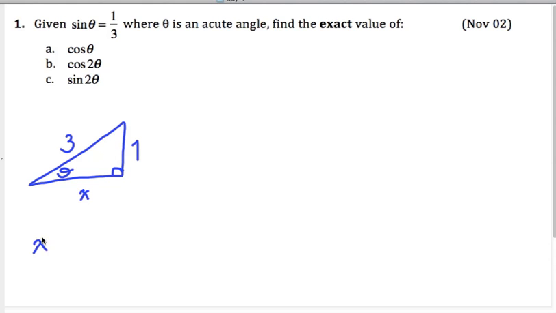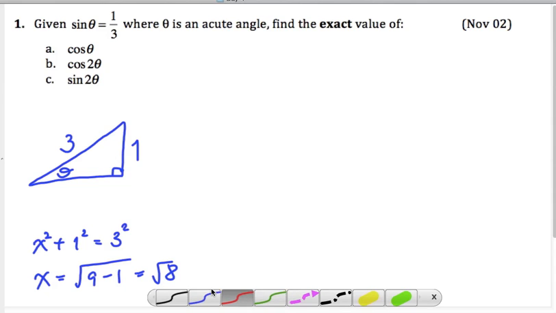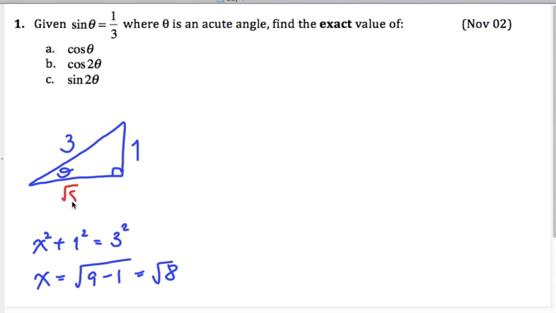So x squared plus 1 squared is equal to 3 squared. So x is square root of 9 minus 1, which is square root of 8. So instead of calling it x, I'm going to call it square root of 8, or you can just say 2 square root of 2. Whatever you like.